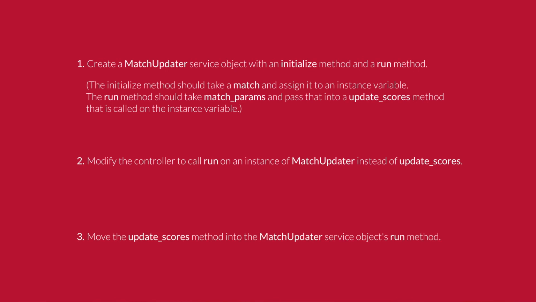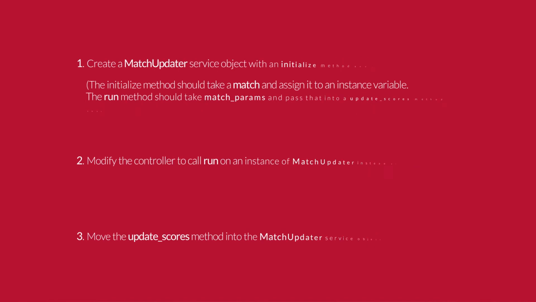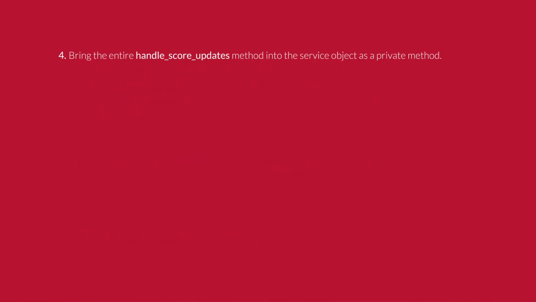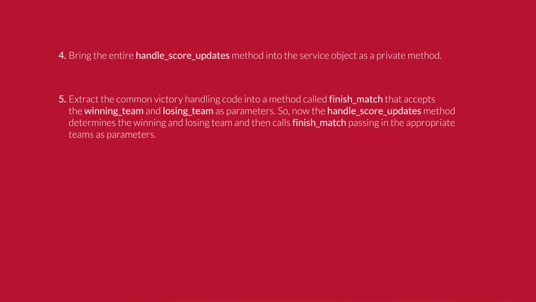3. Move the update scores method into the match updater service object's run method. 4. Bring the entire handle score updates method into the service object as a private method. 5. Extract the common victory handling code into a method called finish match that accepts the winning team and losing team as parameters.